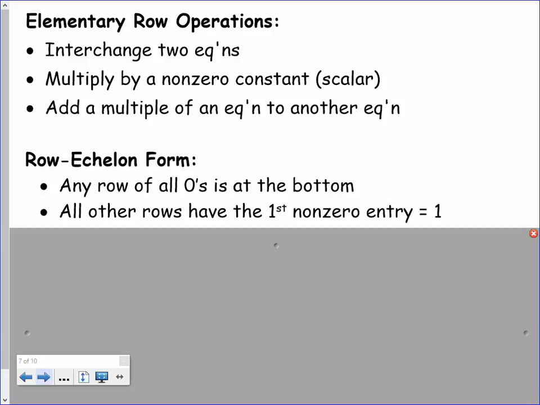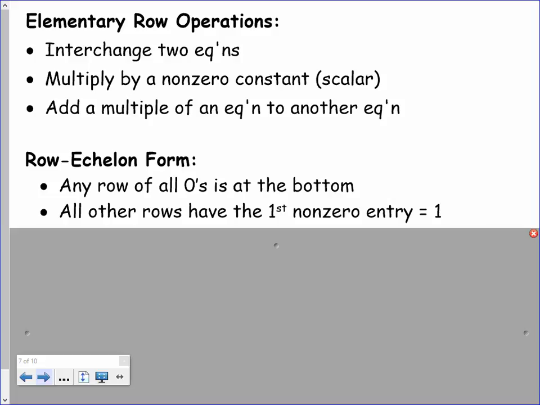All the other rows have their first non-zero entry. I'm thinking about, okay, I'm in this particular row, and I've got a certain number of columns. The first column that is not 0 in that row is a 1. There could be other numbers after that 1, but the first number is always 1 if it's in row echelon form, if it's not 0.